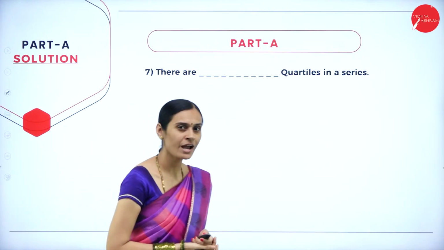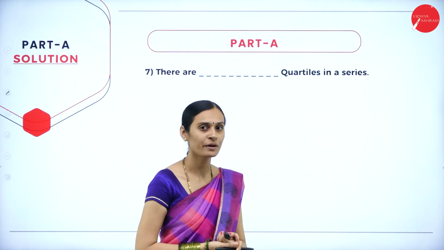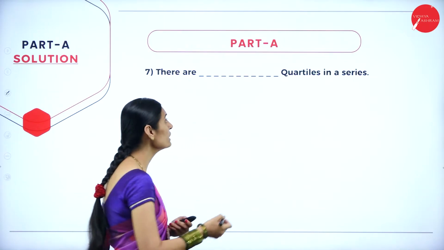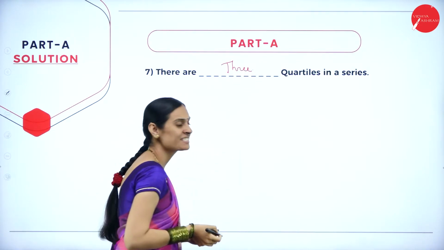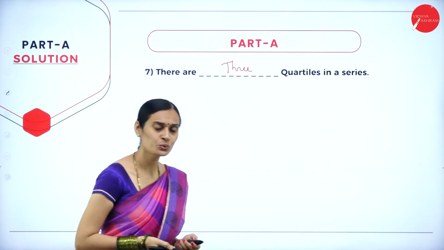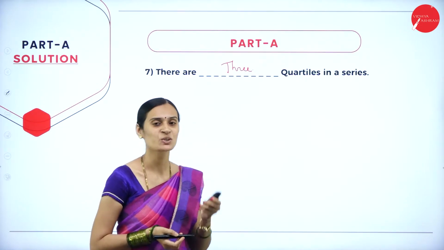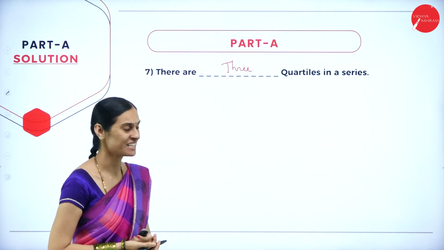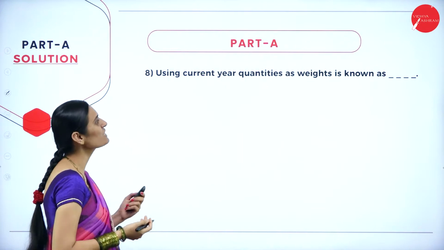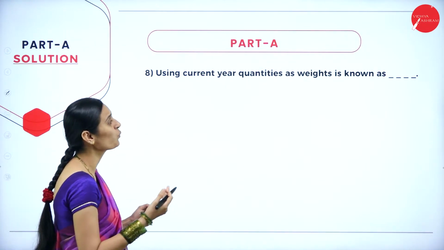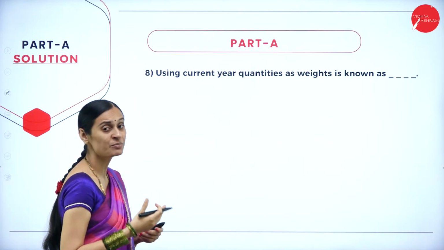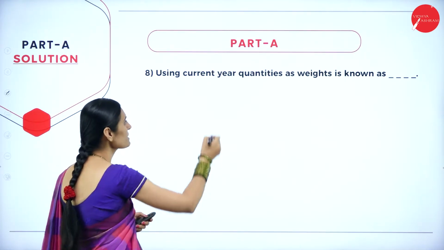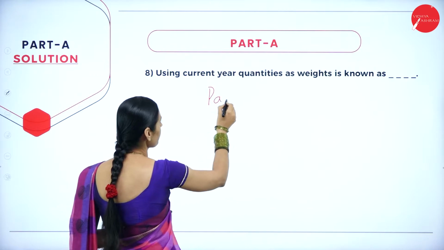Lower quartile, median and upper quartile. There are 3 quartiles in a series, Q1, Q2 and Q3. And the next question: using current year quantities as weights is known as, which belongs to the chapter index numbers. That is Paasche's method.